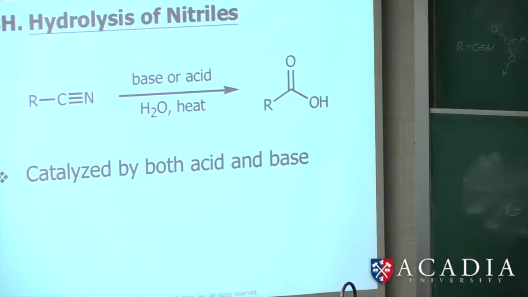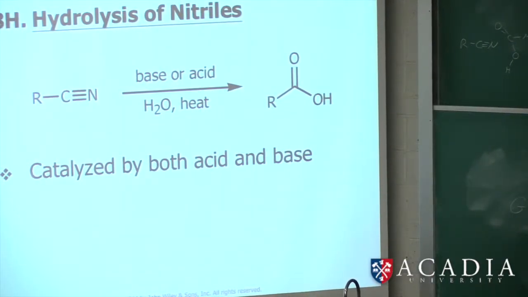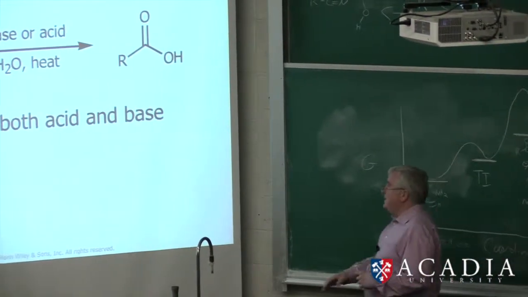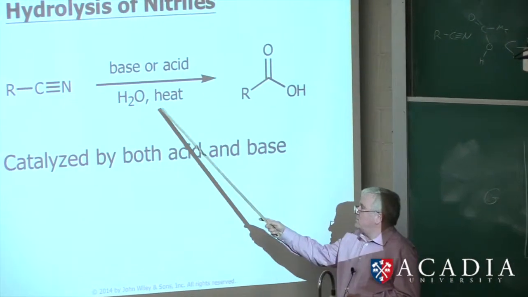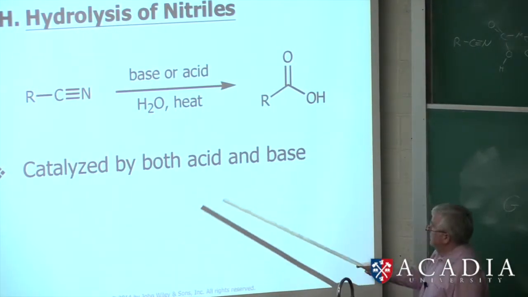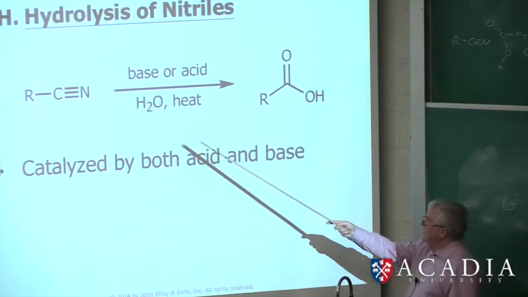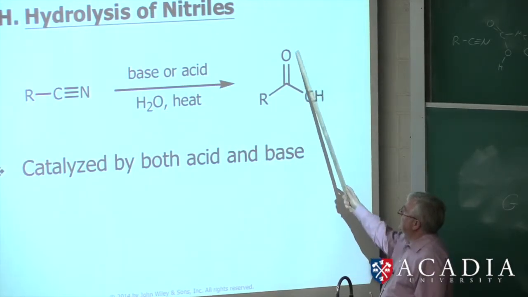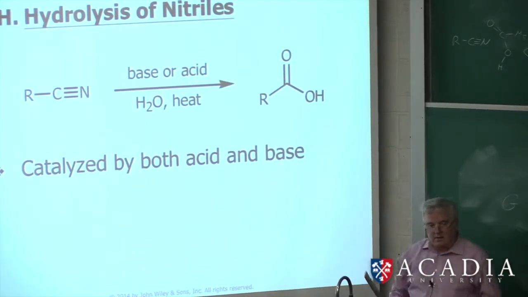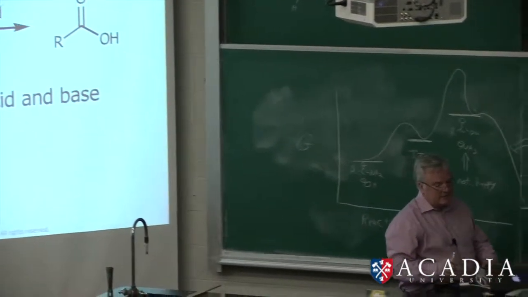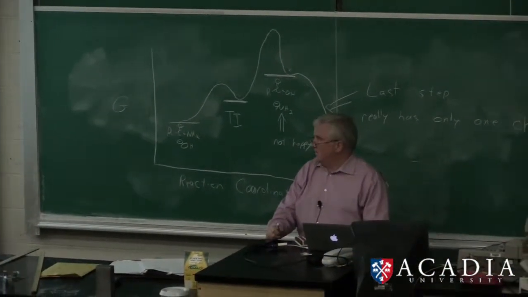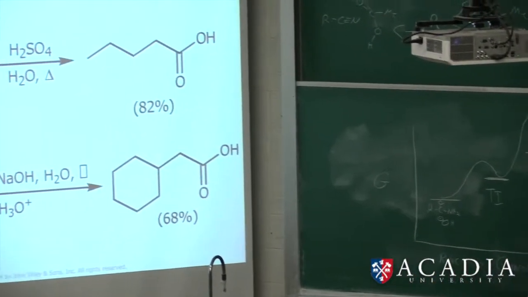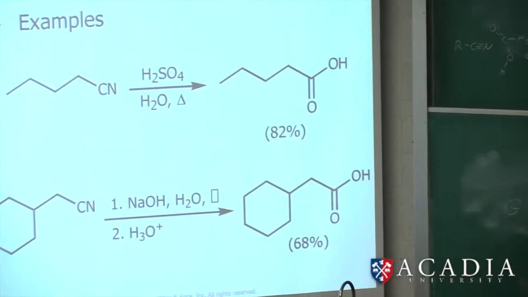Okay, so acid or base and a bunch of heat will add water across that carbon-nitrogen triple bond, and we end up adding it a couple of times, and we get our carboxylic acid through hydrolysis. So we can use either acid or base. Both of them, though, we have to add a lot of heat.